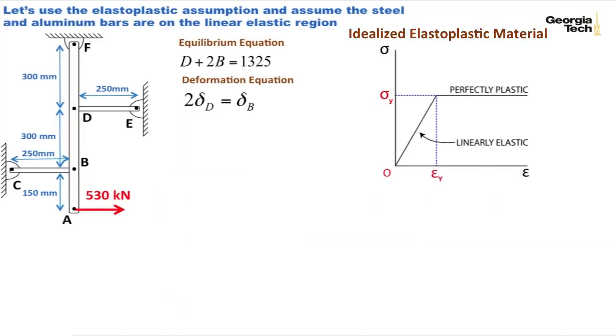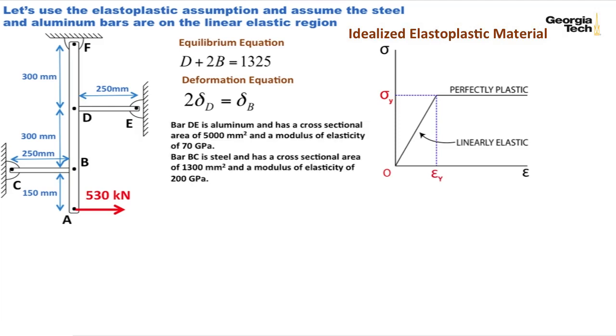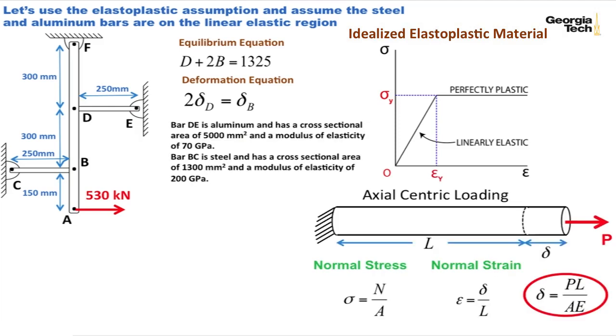And so what I'm going to do is assume that we're in the linear elastic region. And if we're in the linear elastic region for prismatic bars, we know that the deformation is equal to PL over AE. We developed that in the last class. In the linear elastic region for this prismatic bar, delta is given by this expression.